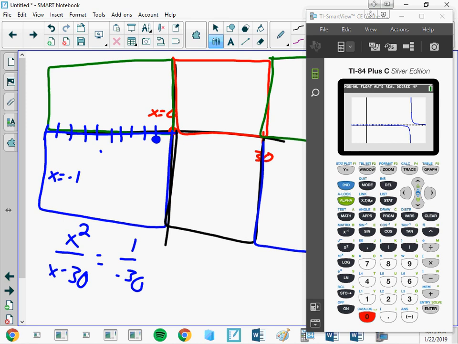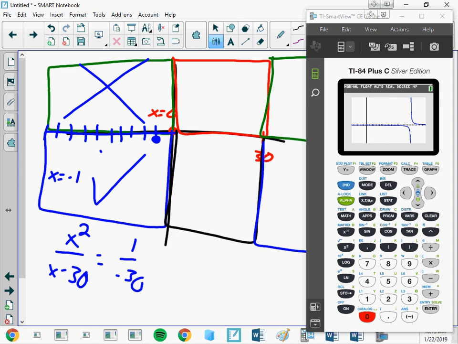Does anybody not understand that? We okay with that? So this gets thrown away, and this is where the graph is. I don't know what it looks like. Well, we do, but we know it's less than 0.